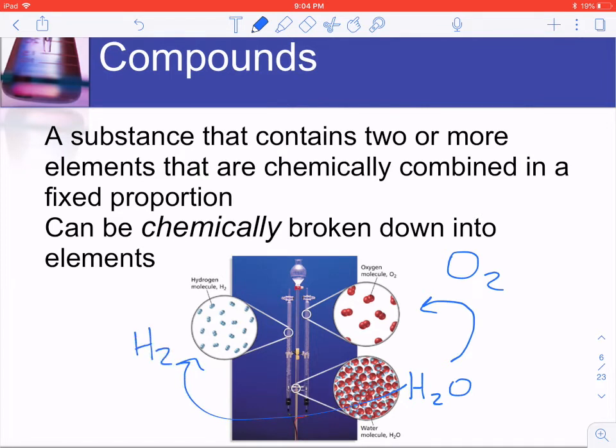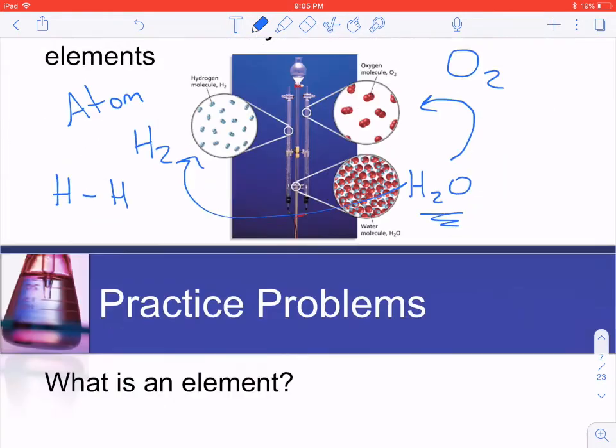And so hydrogen and oxygen, H2 and O2, we would call those atoms because we can't break those down any further. Maybe we could split one H from another H, but you'll notice that those are both H's. So we still call this an atom. Same thing with the oxygen because they're the same type of element. But H2O is made up of different types of elements. We got H's going on, we got O's going on. And so that's why we call it a compound, because we could break it down further into those constituent pieces.